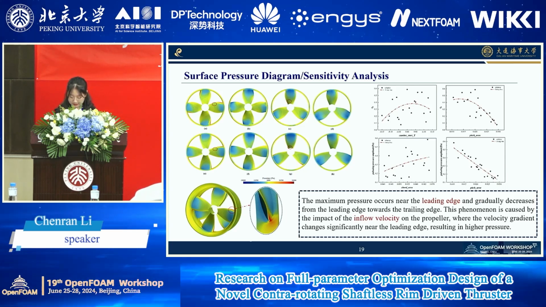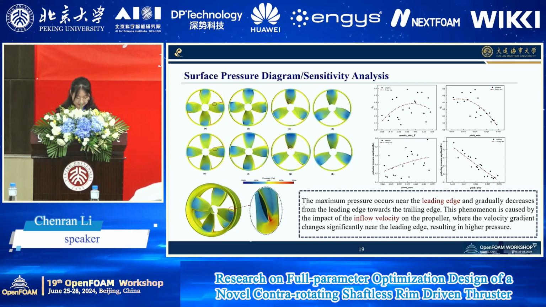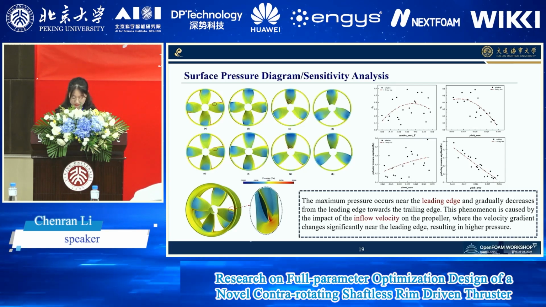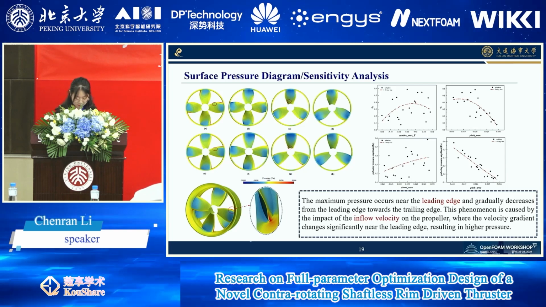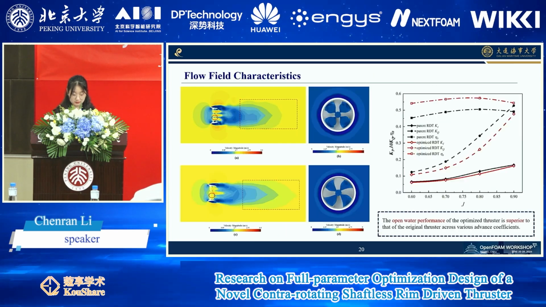Therefore, the optimized counter-rotating RDT exhibits superior hydrodynamic performance. A sensitivity analysis was conducted on the relationship between each variable and the objective function, and the design variables with stronger dependence were selected to further adjust the optimization range.